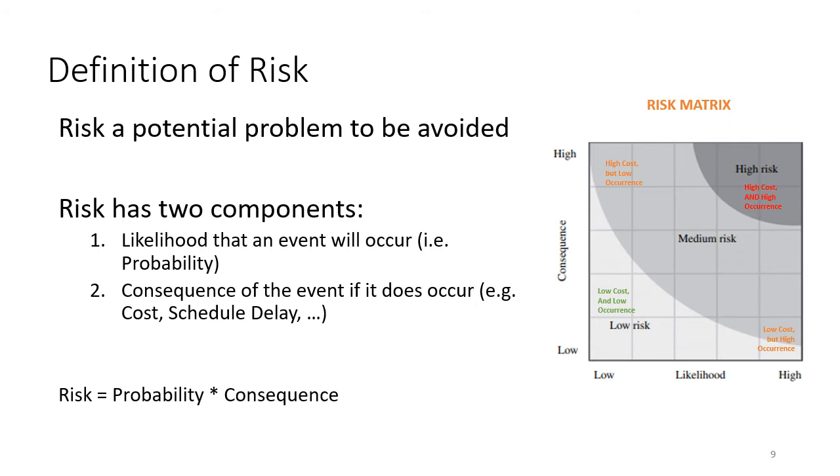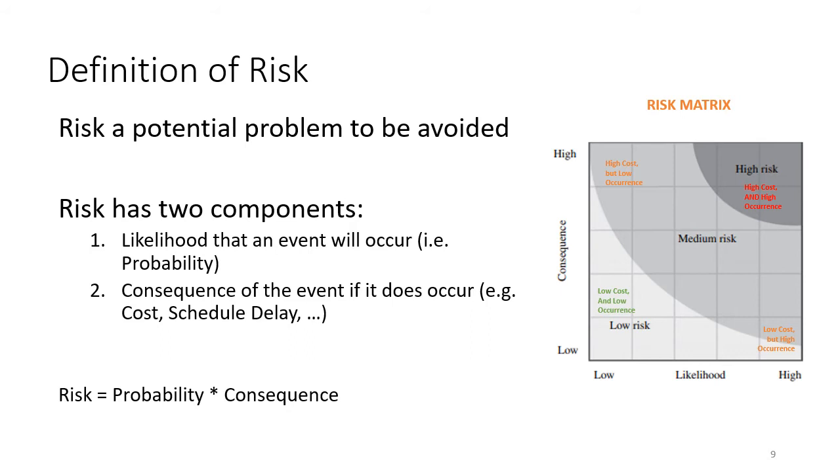So the definition of risk, the first one that's listed on this page, is that risk is a potential problem to be avoided. So when we talk about risk, we want to identify a problem to be avoided. There are two ways of categorizing problems.